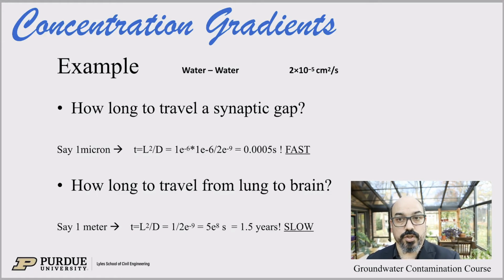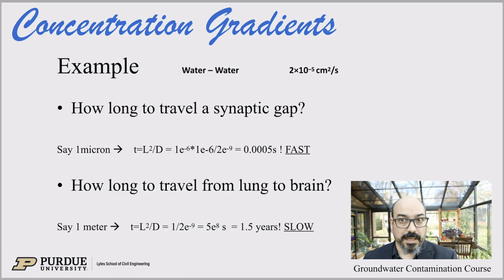This is the diffusion of water in water, but in squared meters per second as opposed to centimeters squared. This is a good number to remember. The answer to move through that micron distance is about 0.5 milliseconds, which is very, very fast.